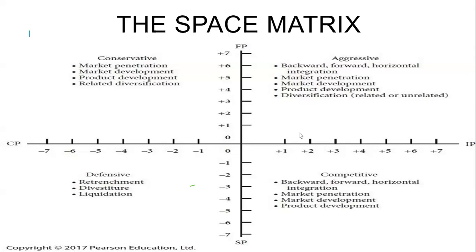However, if you are finding yourself in a situation where the financial position of the firm is good, but the stability position of the firm is not so good, then it wouldn't be appropriate to be entertaining an unrelated diversification strategy.